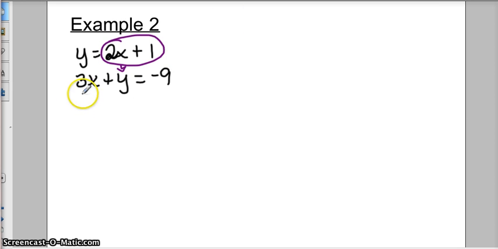So we're going to substitute it in. So I'm going to rewrite this bottom equation. 3 times x plus, and then instead of y, I'm going to plug in 2x plus 1, because that's what y equals, negative 9.